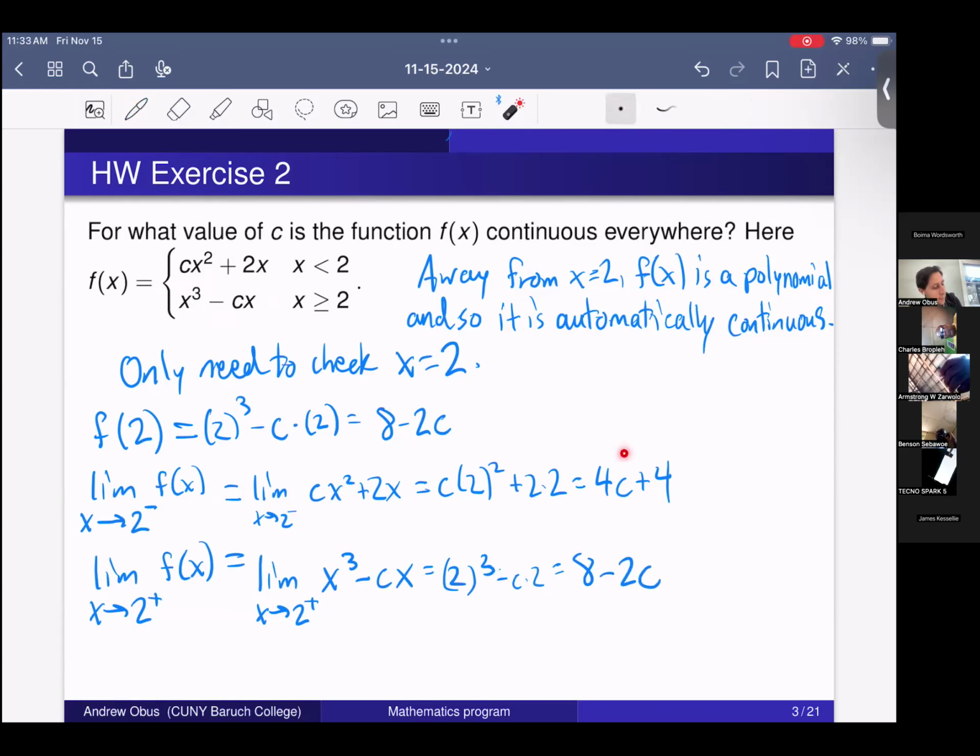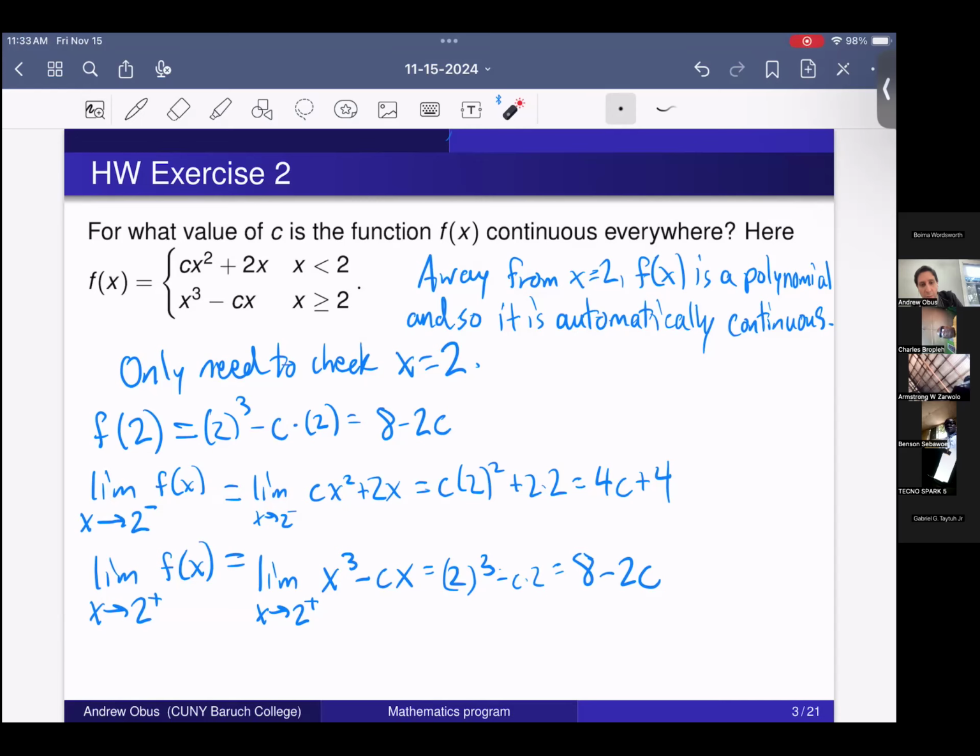The limit from the left is 4c plus 4, and the limit from the right is 8 minus 2c, because we're using these two different expressions for f, depending on whether we approach from the left or from the right. So we want to know what's going to make f of x continuous. How can we solve for the correct c that's going to make this function continuous at x equals 2?